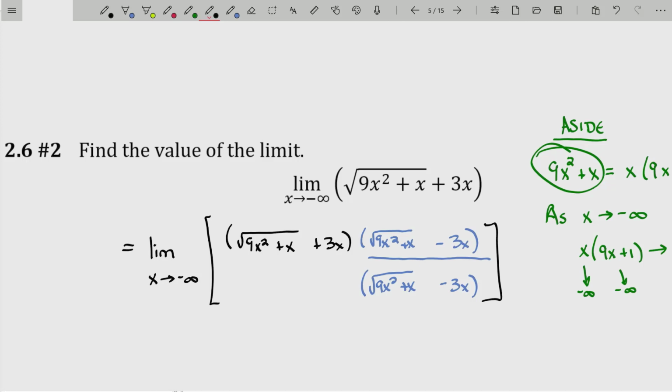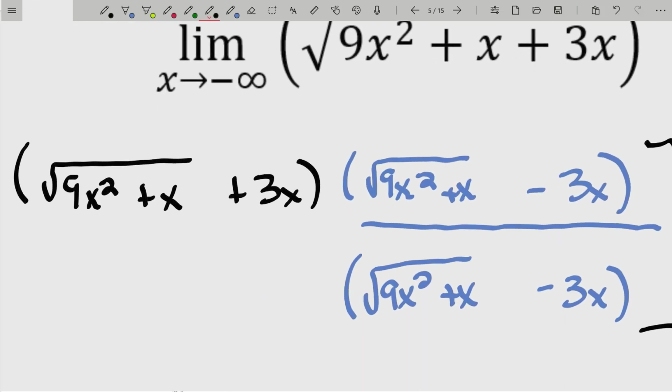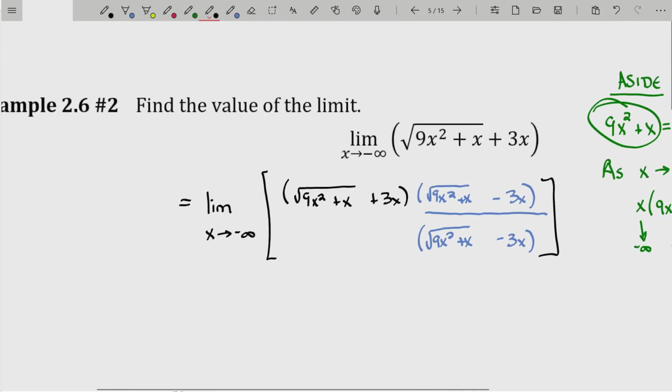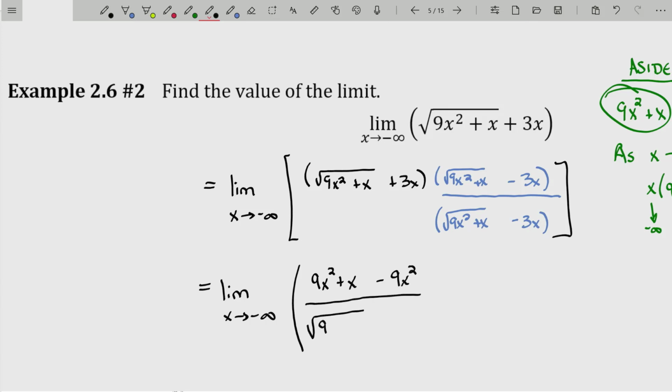So you could do all of this notation here without writing limit, and you can clean this up without writing limit, but eventually you're going to have to go back to the problem and say, okay, so our original limit is now equal to the limit as x is approaching negative infinity of 9x squared plus x minus 9x squared all over square root of 9x squared plus x minus 3x.